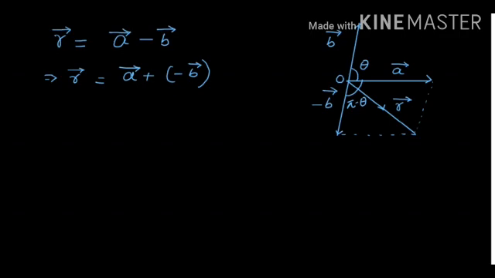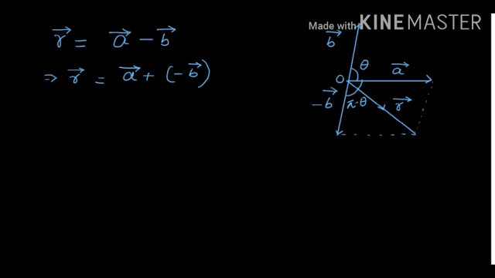Now, if we want to find the magnitude of the resultant vector, that is, the magnitude of A minus B, here we will just replace theta by pi minus theta in the previous expression.